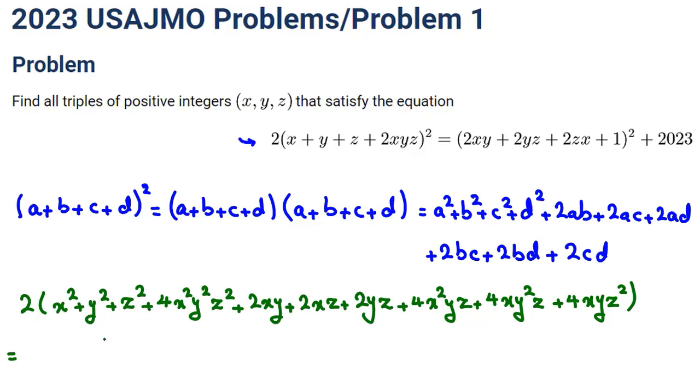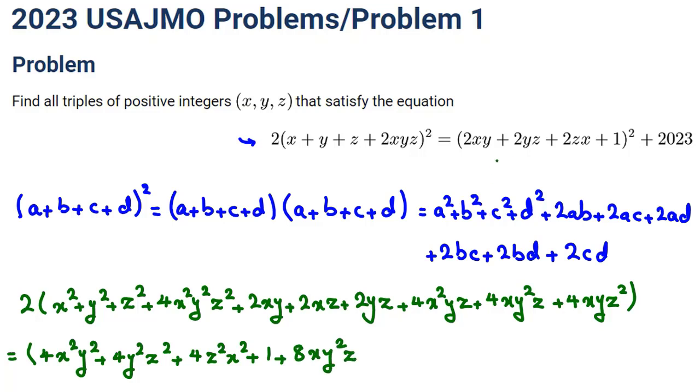Equal to: this one whole squared will be 4x squared y squared plus 4 each term squared, like here a squared, b squared, c squared: 4y squared z squared, plus 4z squared x squared, plus 1, now plus 2 times this. Let's consider these 3 terms first. 2 times 2xy times 2yz will be 8xy squared z. 2 times this, 8x squared yz. 2 times this, 8xyz squared.